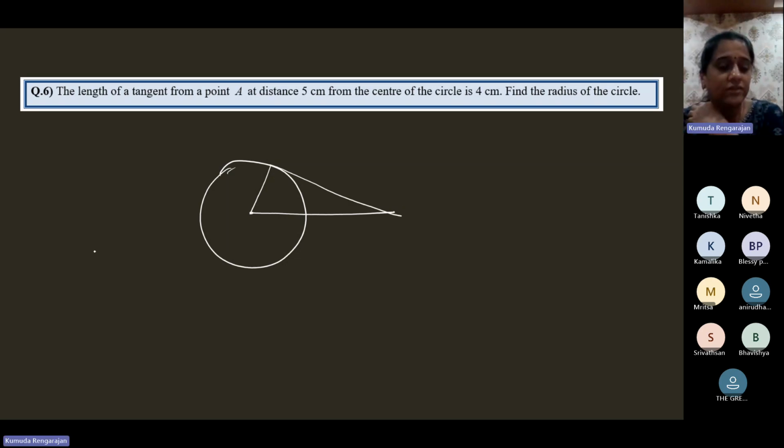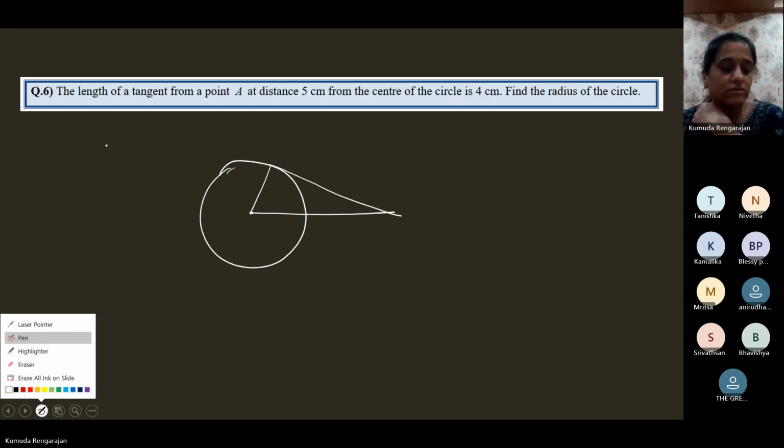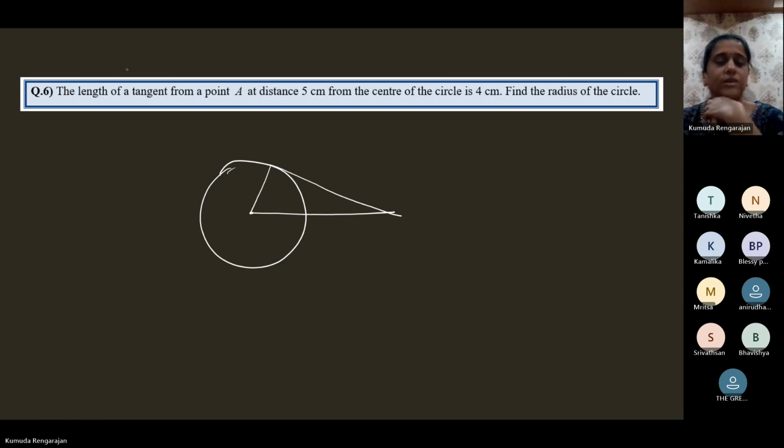The length of a tangent from a point A is 4 centimeters. And that point A is at a distance 5 centimeters from the center of the circle.